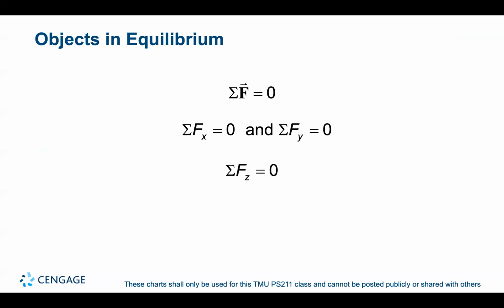Because a equals 0, this equation shows that the vector sum of all the forces, that is, the net force acting on the object in equilibrium, is 0. We can write Newton's second law for x and y components as we're showing here. We won't consider three-dimensional problems in this course, but we can extend our components to a three-dimensional problem by adding a third equation for the z component.